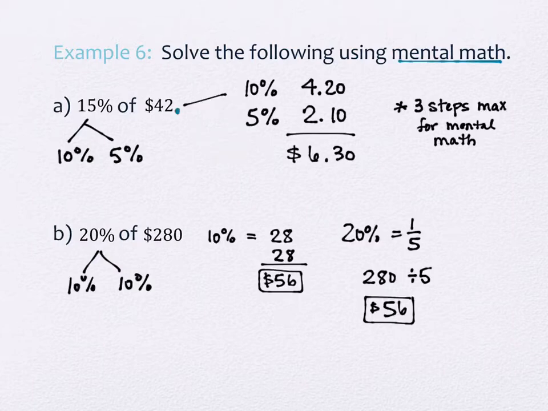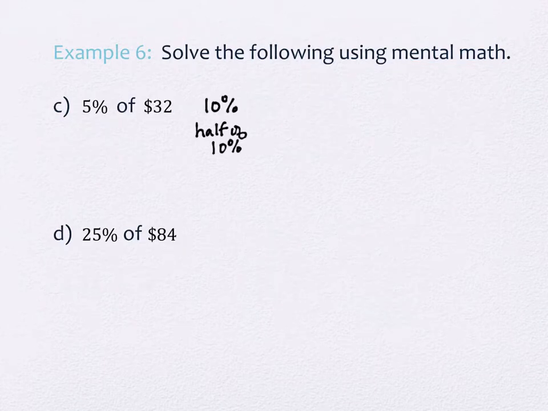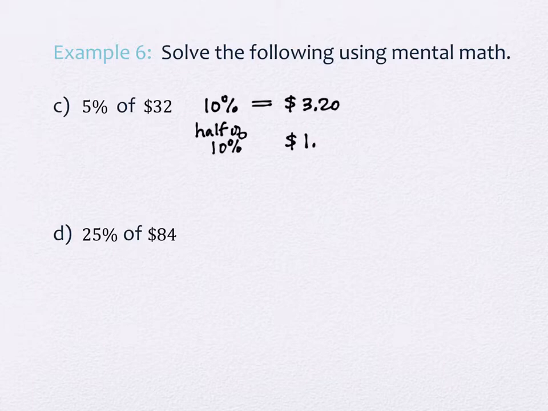Much like over here, where I could find 10% and multiply it by 2, I can find 10% and divide it by 2 to get this one. What is 10% of 32? Yep, 320, and half of that would be what? 160. Yeah, 160.